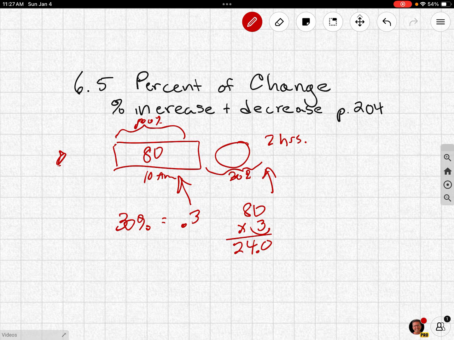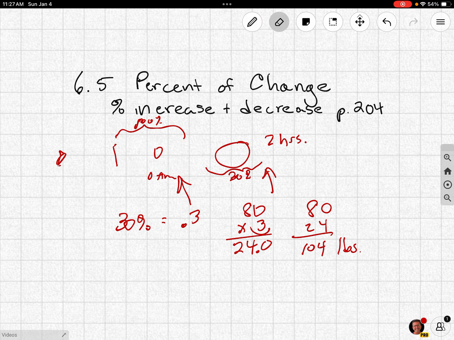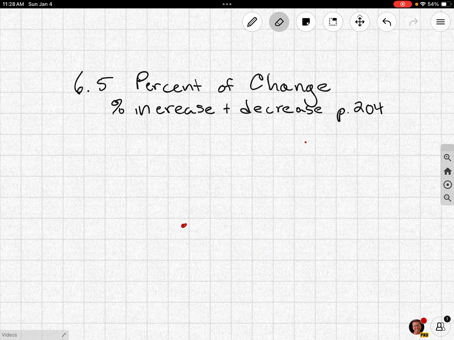So that means it's a 24-pound increase, and if we take 80 and 24, we get 104. So it weighed 104 pounds at noon, at 12 p.m. Alrighty, pause the video, do number 2, and then we will see if you got it right. Turn the video back on.